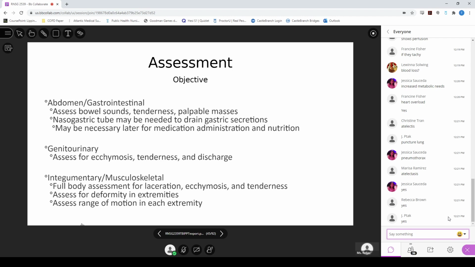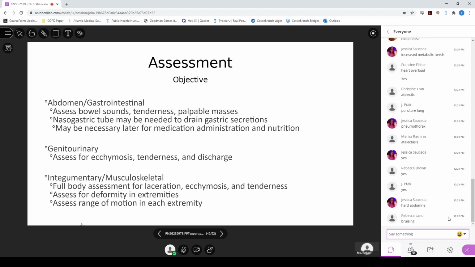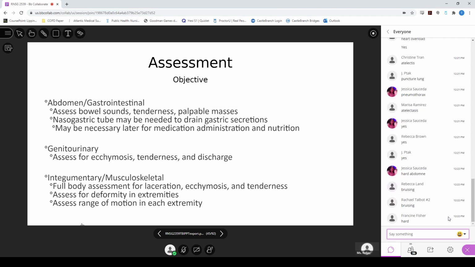How would that patient present? The patient's probably going to be bruised a good bit all over if they were in a motor vehicle accident. But to assess for that internal hemorrhage in the abdomen or a perforation of the bowel, it would be tenderness and rigid abdomen. Abdominal distension, yeah.